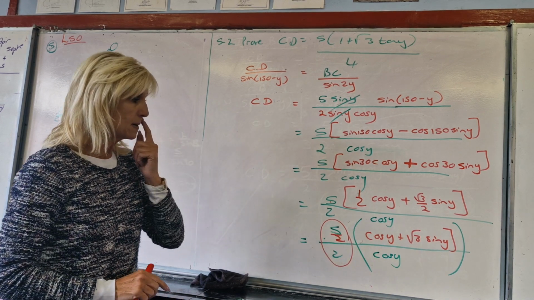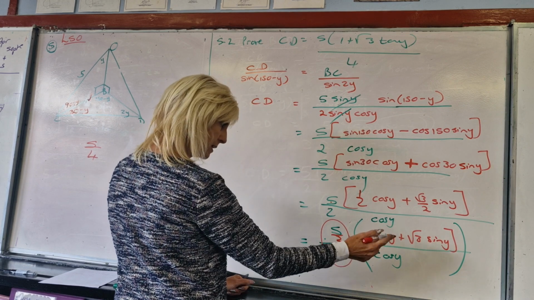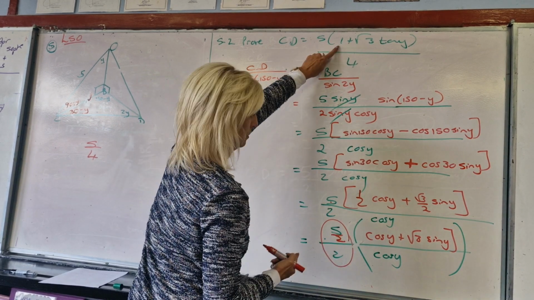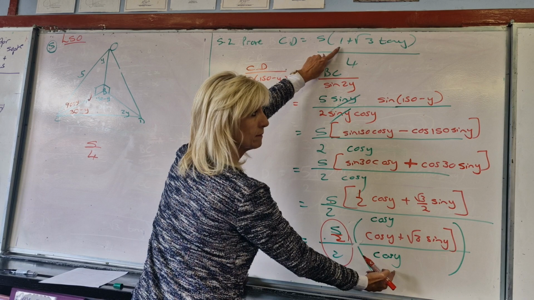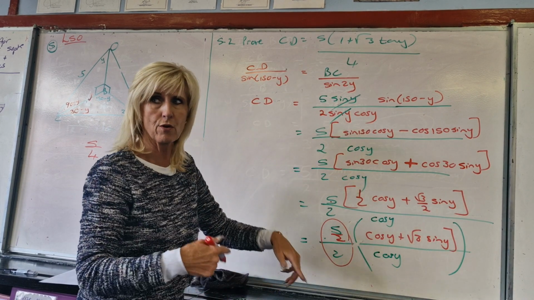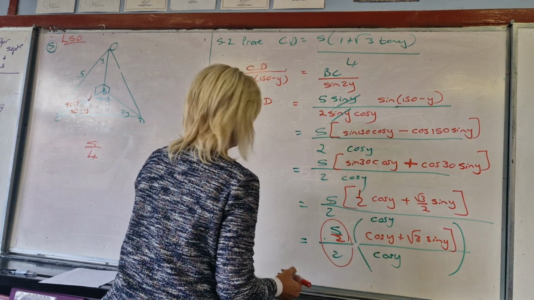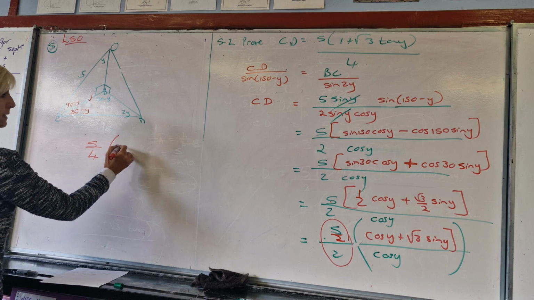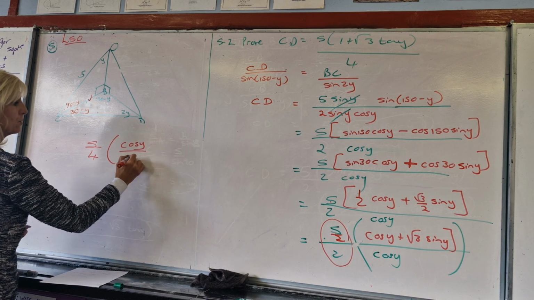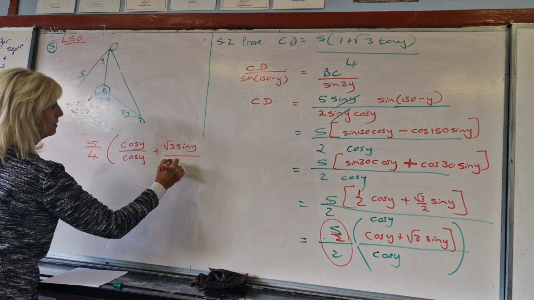And then on that side, why do I want to write it separately? How's that going to help me to get to 1? Because they're going to cancel out, but I can't just throw the cos away. Basically what's happening is you've got each one over their own denominator: cos y over cos y, and the root 3 sin y over its own cos y.